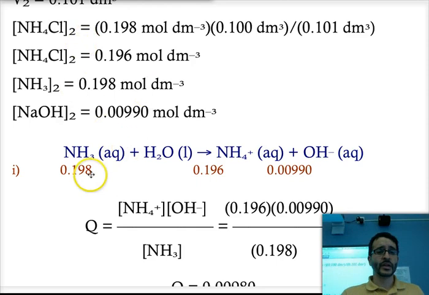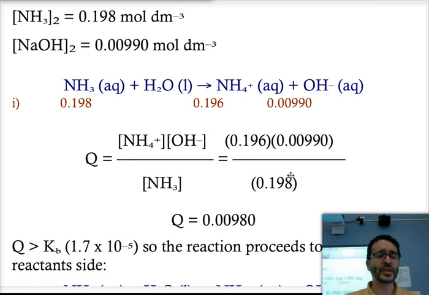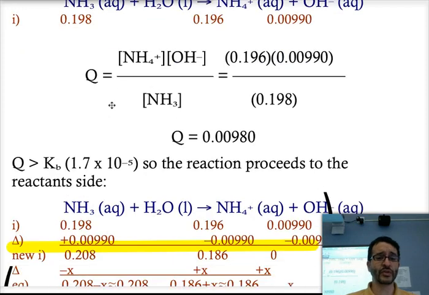Now I have the new concentrations. I can use these directly if I want to, because the hydroxide is going to consume some of that. You might wonder, how do I do it?